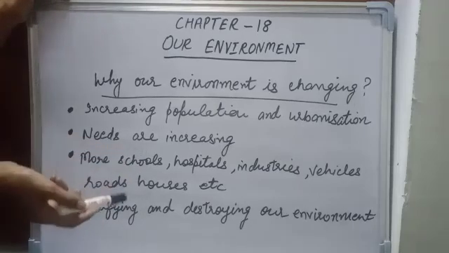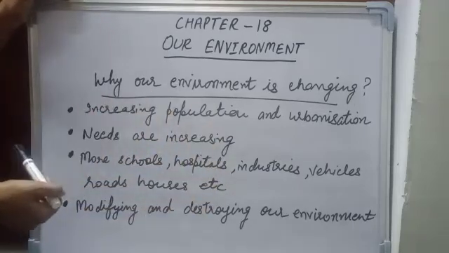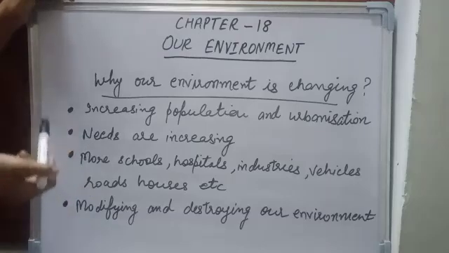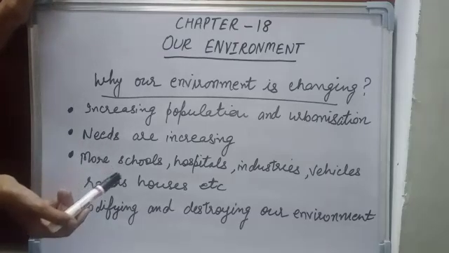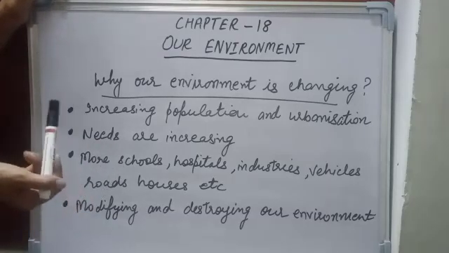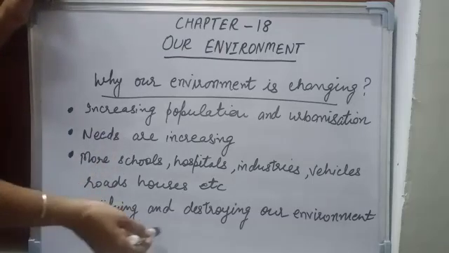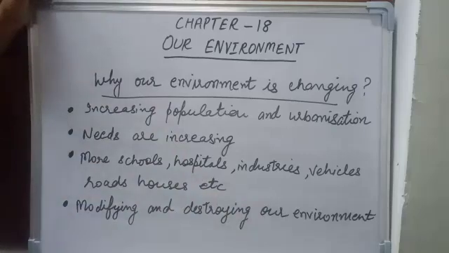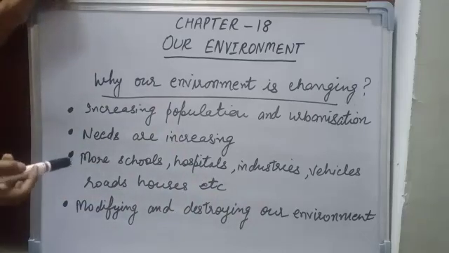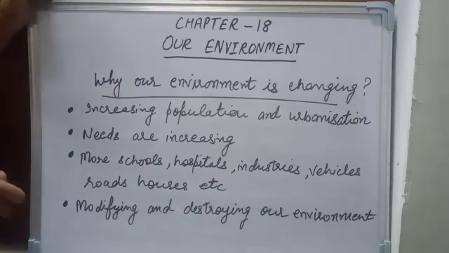And we also need water for running all these things, so we are also creating water pollution. We are also destroying our water. By modifying and destroying our environment, we are creating a threat for all the living and non-living things which are existing on our earth.